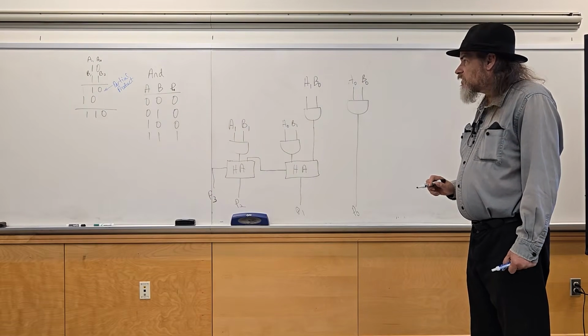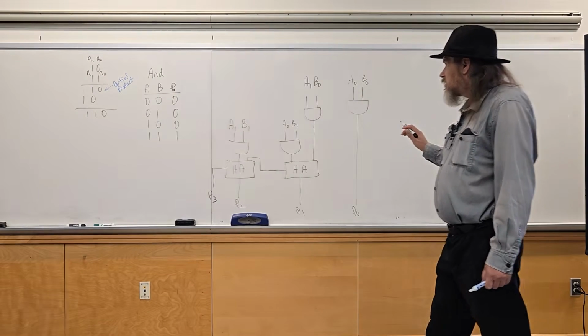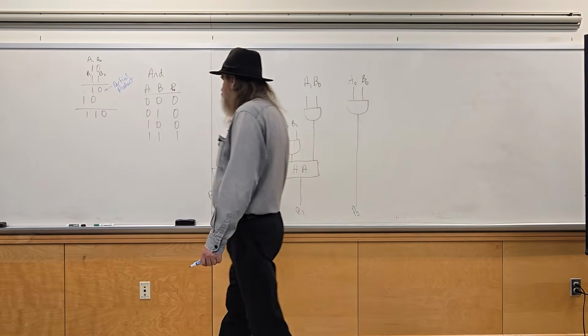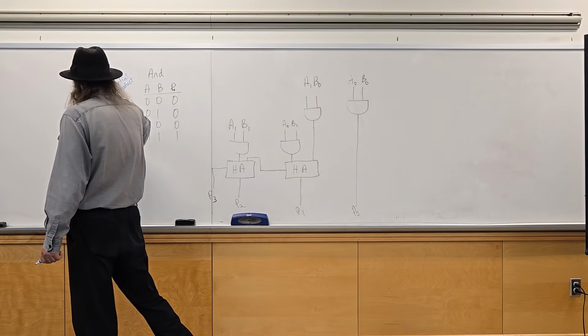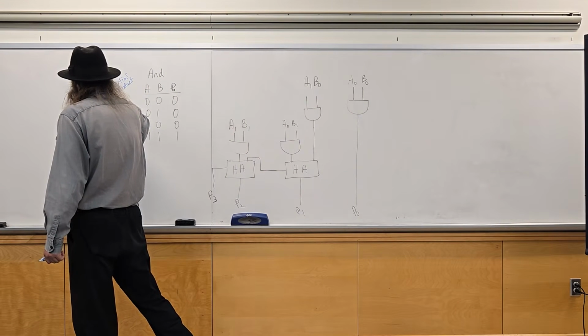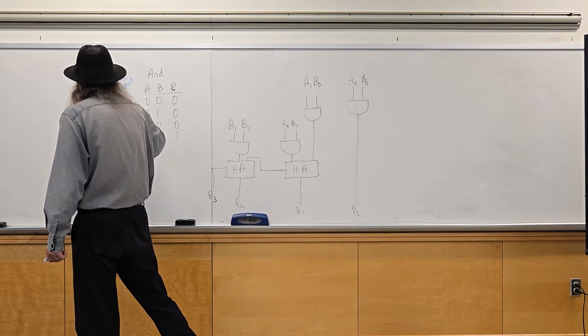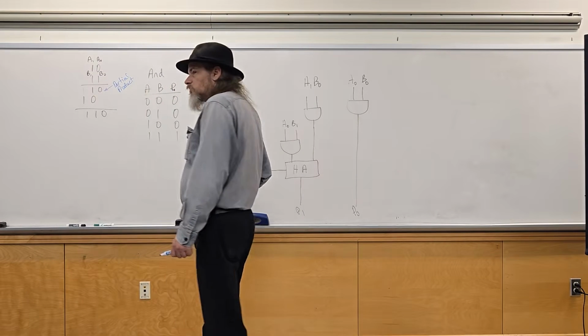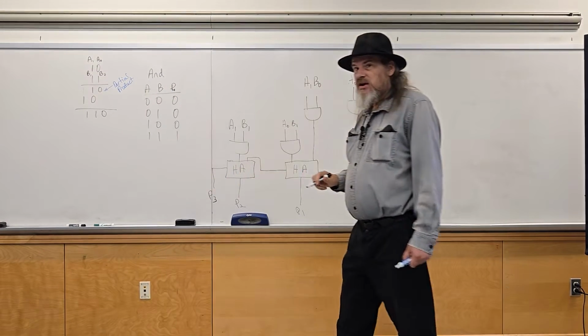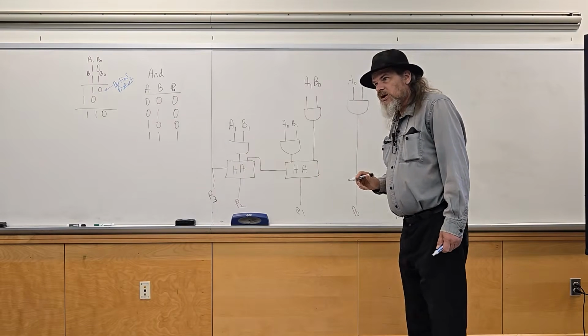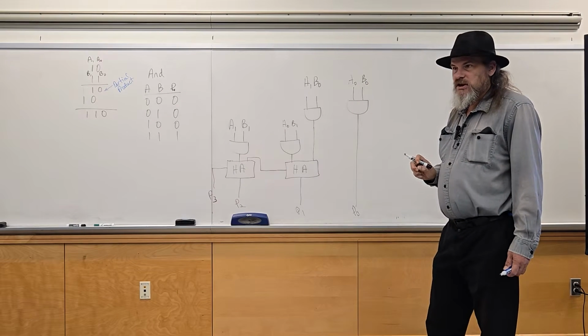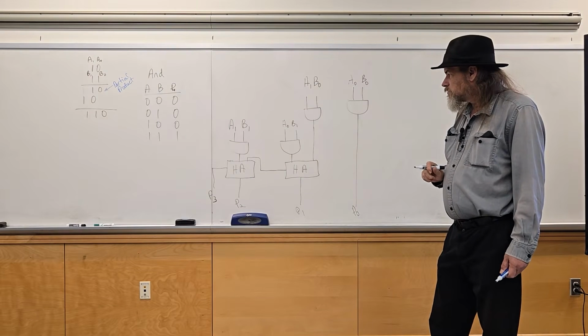So it's just a matter of getting your partial products with AND gates, and then adding your partial products together using adders, either half adders or full adders, depending on how many bits you're adding together.